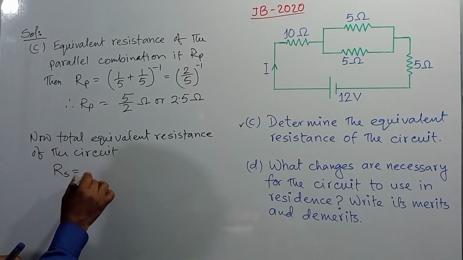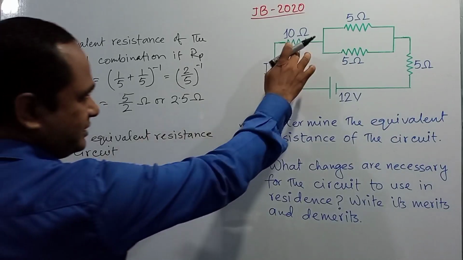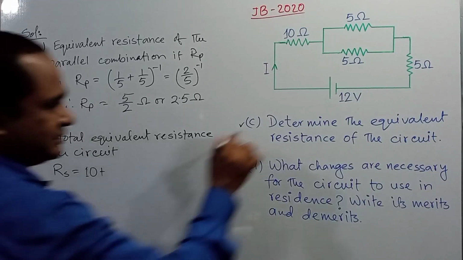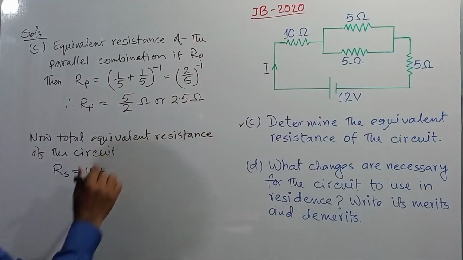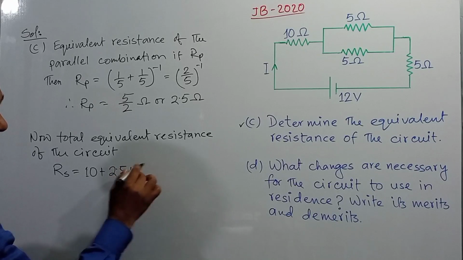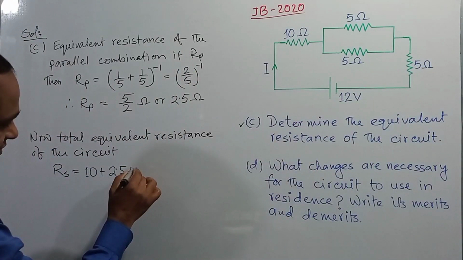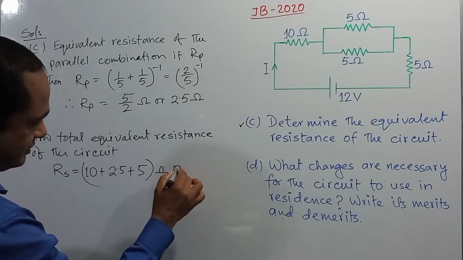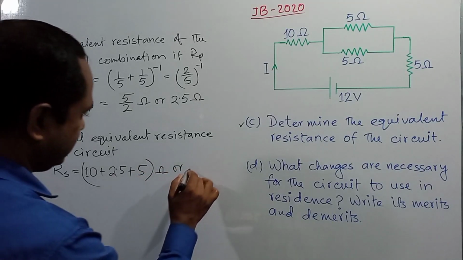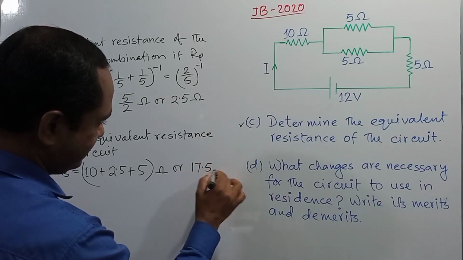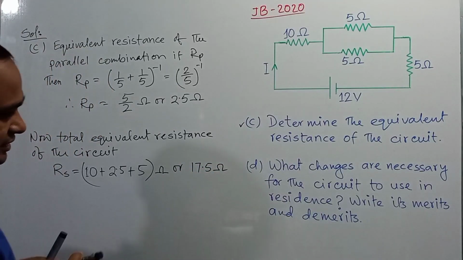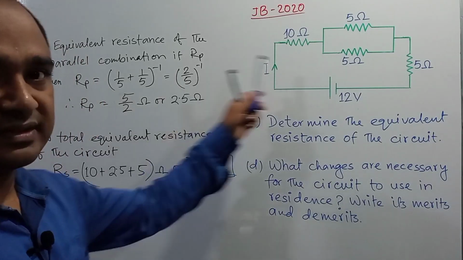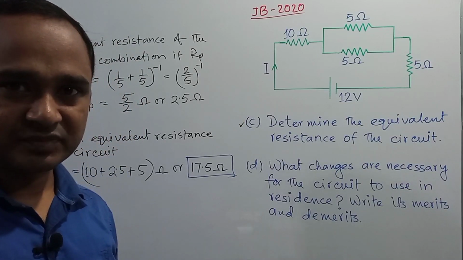RS is equal to, first resistance is 10 ohm, so 10 plus the equivalent of this parallel combination, 2.5, and finally this 5 ohm, right? After the calculation you will get 17.5 ohm. So dear student, this is the equivalent resistance of this circuit, right?